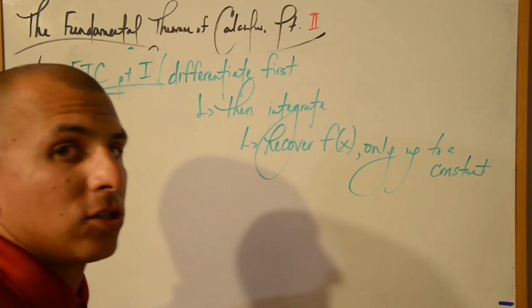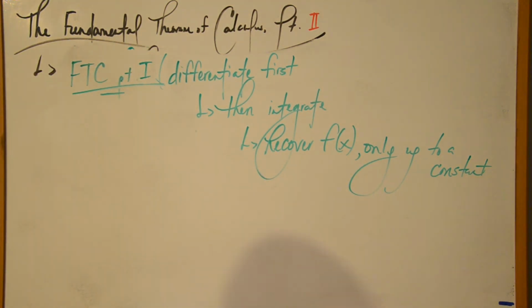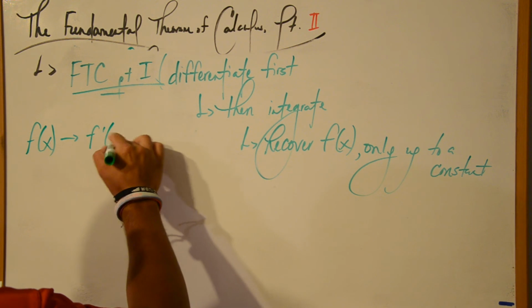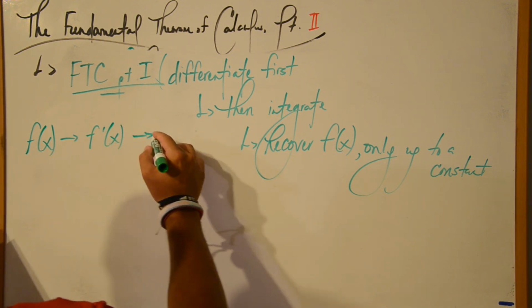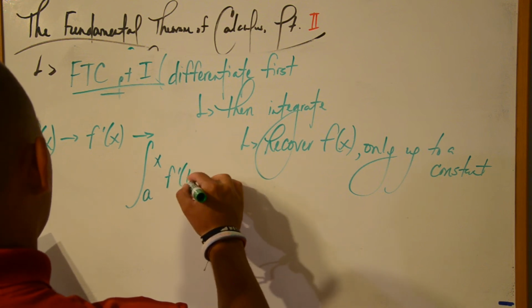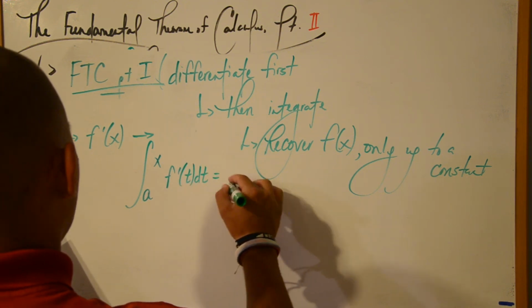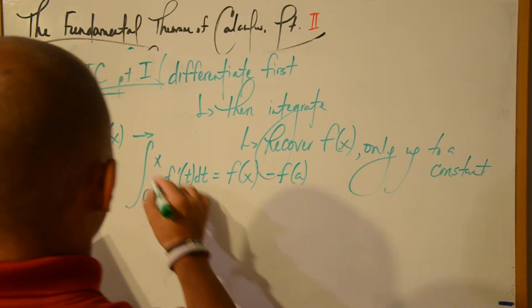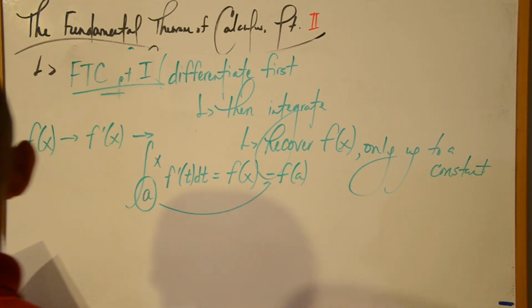Because we don't actually know what that lower bound is the way we do with fundamental theorem of calculus part 2. So remember, we differentiate and wind up with f prime of x, and then we integrate the derivative, and we're left back with the original function minus the lower bound.